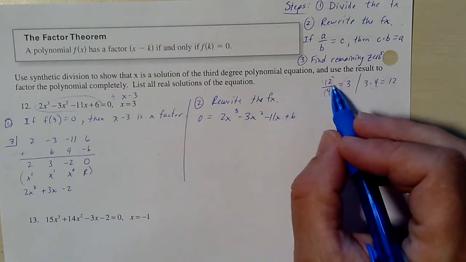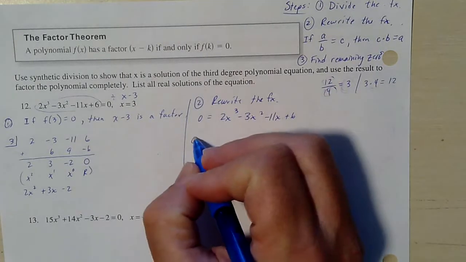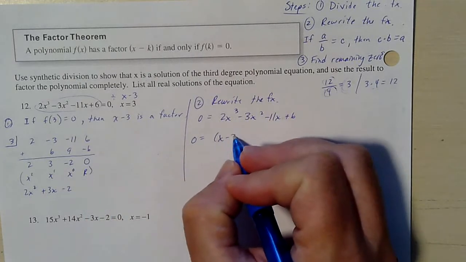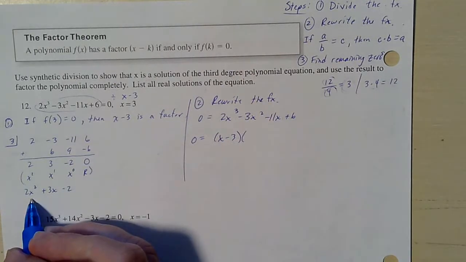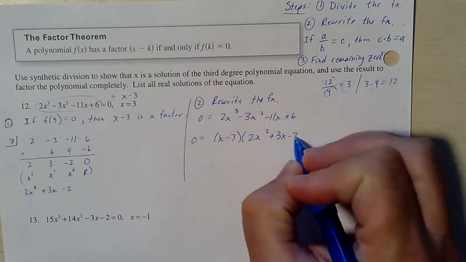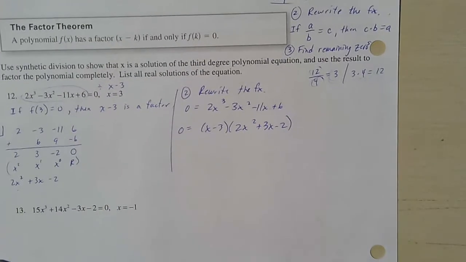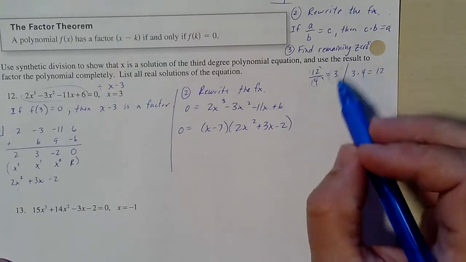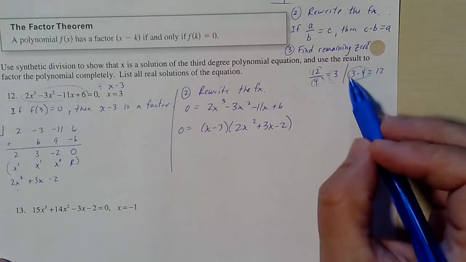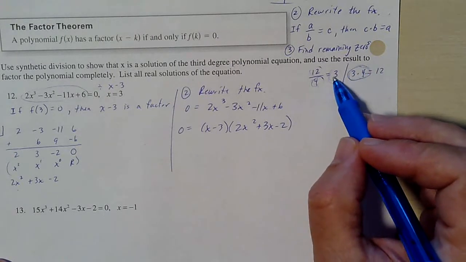Just like we break 12 down to 3 times 4, I can rewrite this as x minus 3 times this result, 2x squared plus 3x minus 2. I hope that makes sense to you. If it doesn't, I just have to repeat this over and over again. We can rewrite a division algorithm as the multiplication of what you divided by and the result.